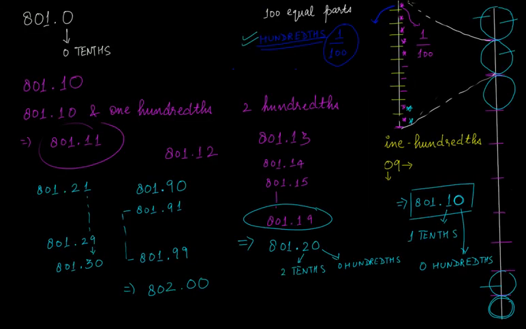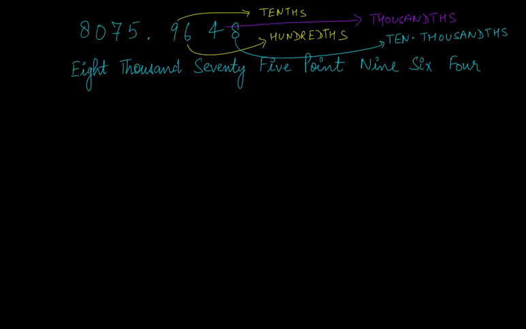So we have covered tenths, we have covered hundredths, and yes, for the tenths place value, the multiplication factor will be 1/10. For the hundredths place value, this will be 1/100.